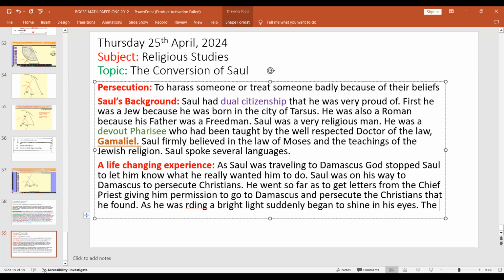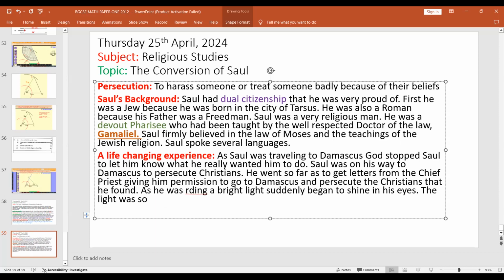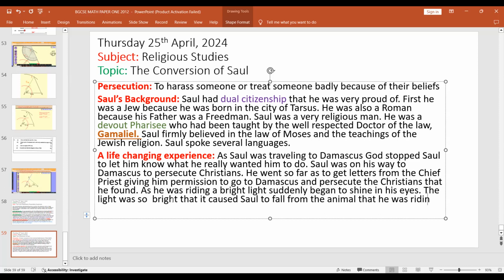The light was so bright that it caused Saul to fall from the animal that he was riding. So a bright light shined through, and it caused him to fall from the animal that he was riding.